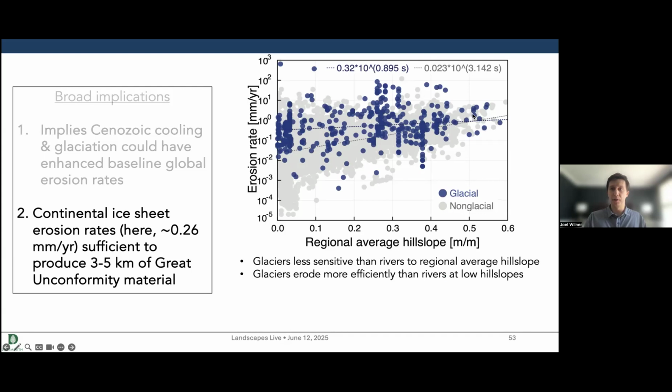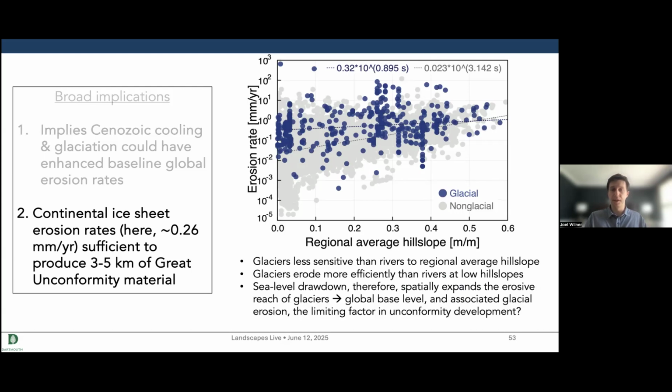Rivers are perhaps more efficient erosive agents at these very high regional average hill slopes, where you're talking about landslides. But at these smaller hill slopes, glaciers tend to be more efficient erosive agents.